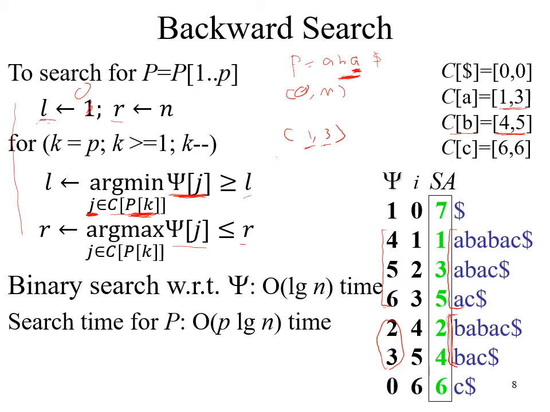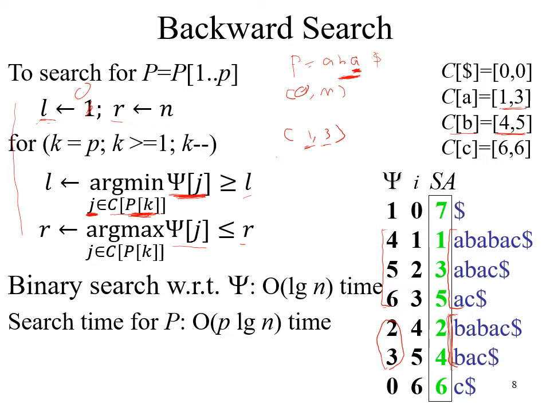So L is the smallest j such that psi j is greater than or equal to L, and now L is 1. So, okay, sorry.